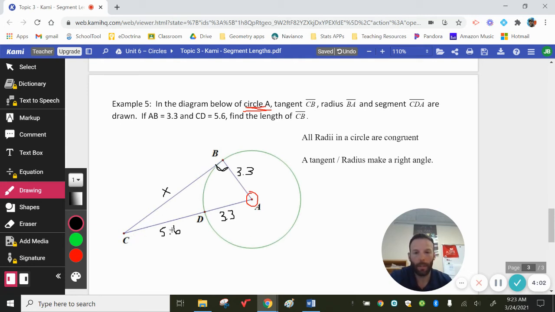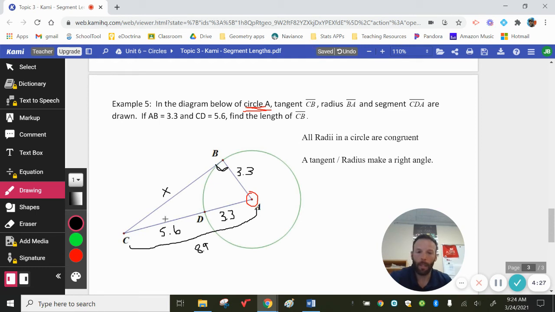We just finished all of Unit 5, which says that if you have a right triangle, we are allowed to use a certain set of equations that will help us figure out what lengths are. I know the length of the side from B to A is 3.3, and I know the length of this entire side from C to A would be 8.9, and I want to find the length of the third side.